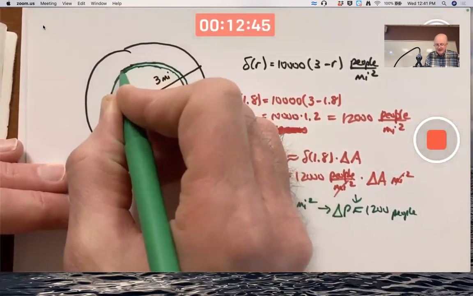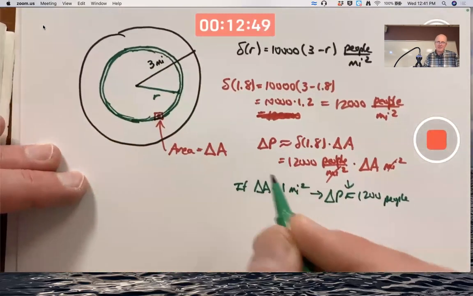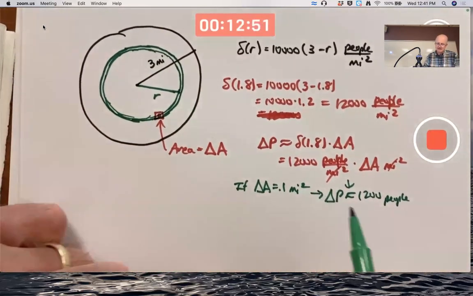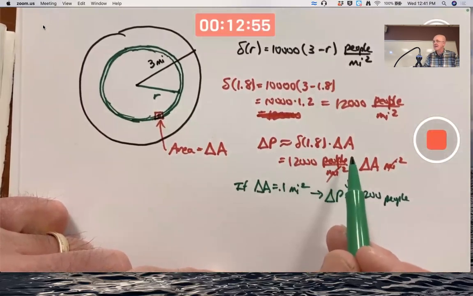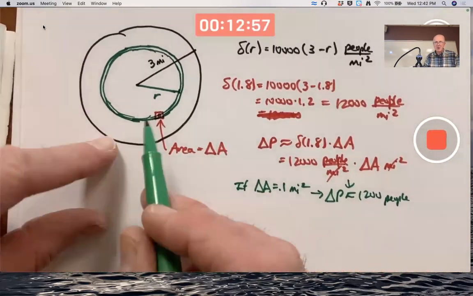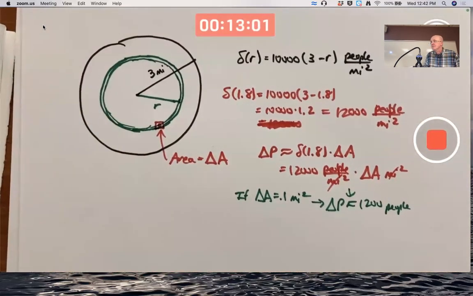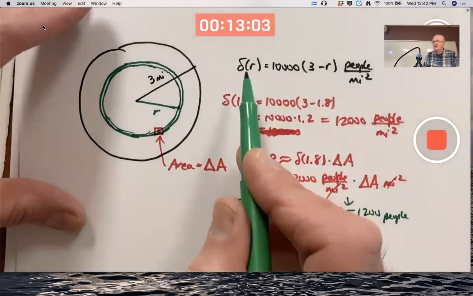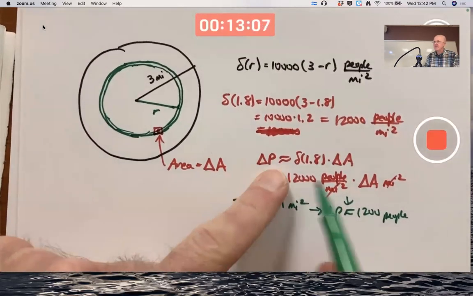Because I can still do this kind of approximation, multiply delta of r times delta A, because for a small ring or a thin ring like this, r is approximately constant. And delta of r depends on r. That's why this kind of approximation would still be good.